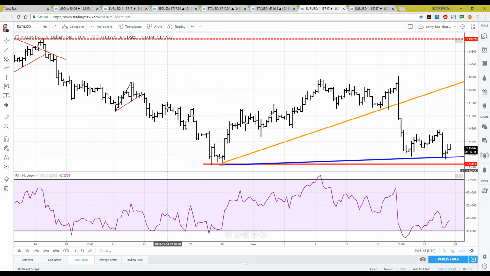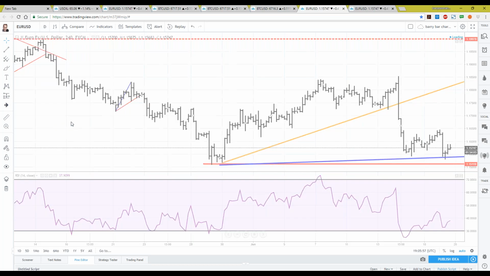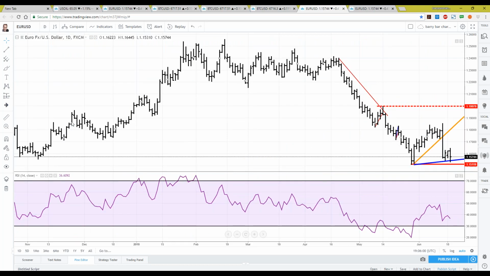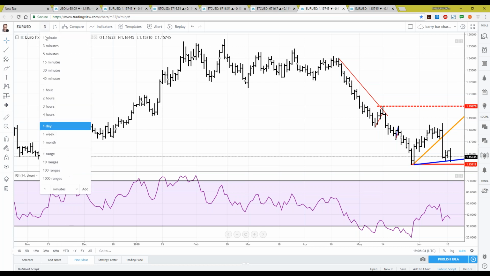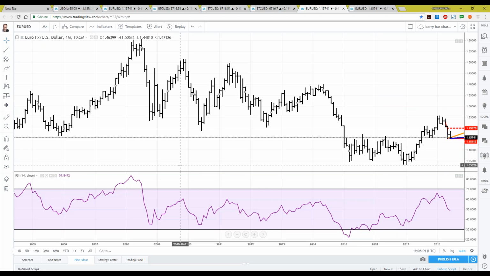Now, we can see in this market, we've had uptrends, downtrends, short-term trends, and long-term trends. If we were to click on this chart and move it to a one-day chart, we would see the euro in a different perspective. And then if we were to go back to a 1-month chart, we would see a completely different perspective of how the price is moving.